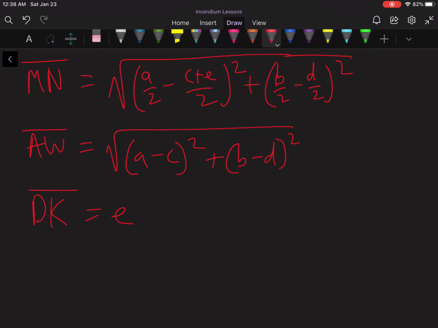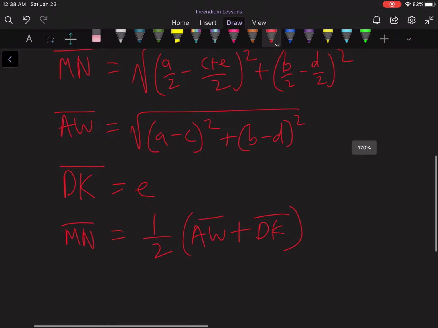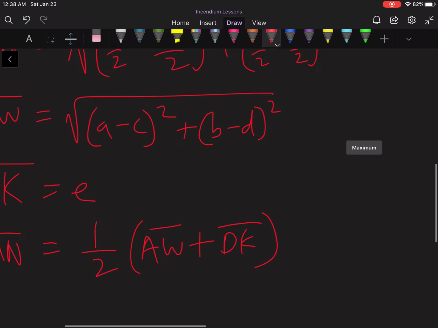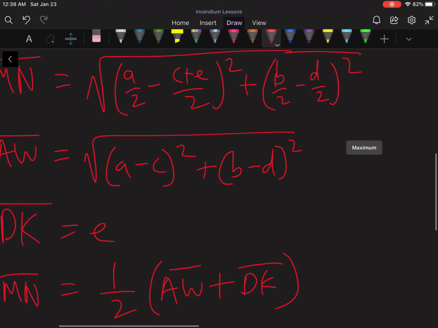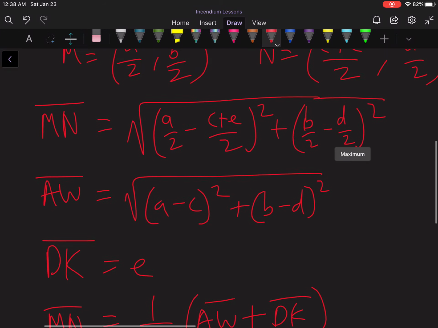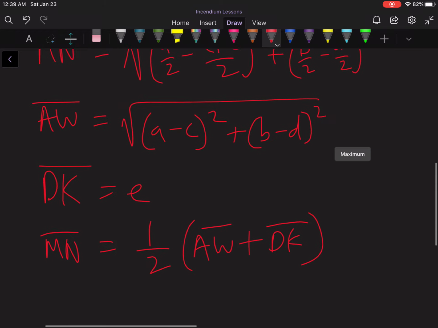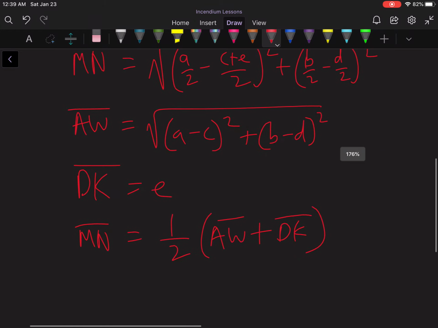So they tell us that MN is half of AW plus DK. So let's set up that equation. MN is half of AW plus DK. MN is that entire square root thing that I do not want to write again, but I guess I'll have to.